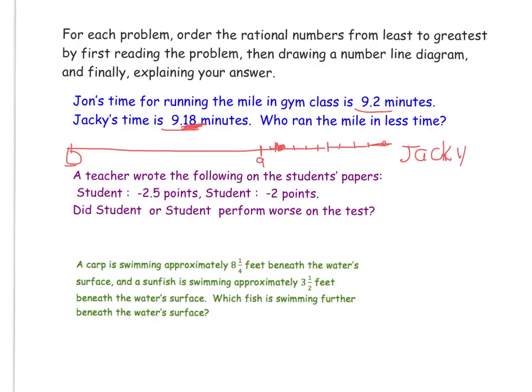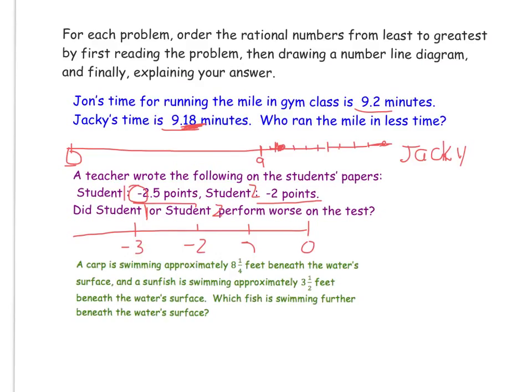A teacher wrote the following on the students' papers. One student lost 2.5 points because it's negative, so lost those points. The other student, -2. Did student 1, this is student 1, and this is student 2, perform worse? So we have to figure out which is the least. So if this is 0, this is -1, -2, -3.